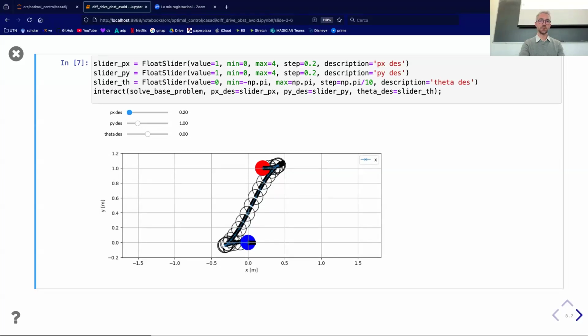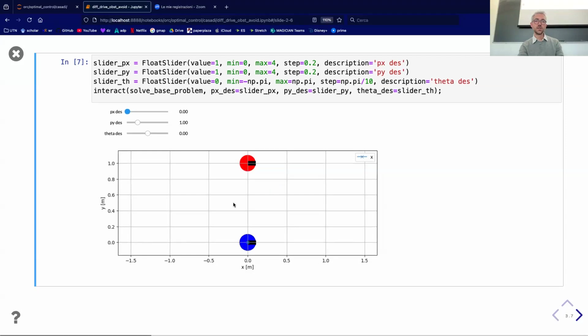You need to move backward, then forward up until here, and then the final part is also done backward, like a parking maneuver. But then if I move the x-axis of the final desired state to 0, so that it's right on top of the initial state, the solution is basically to stay still. It doesn't move.